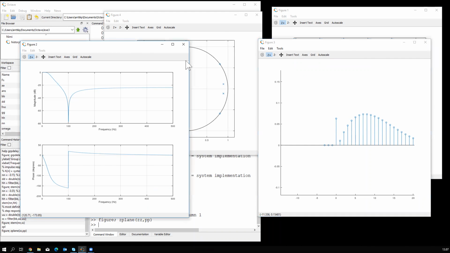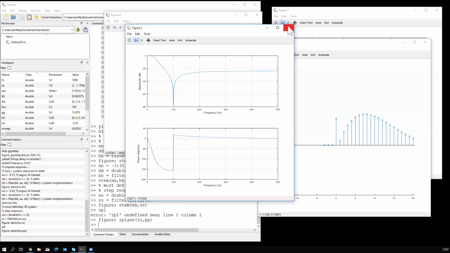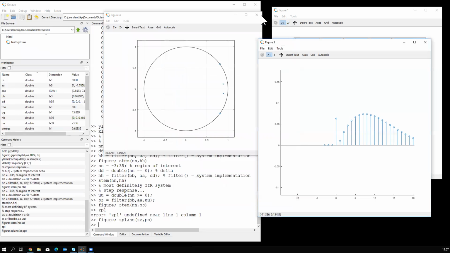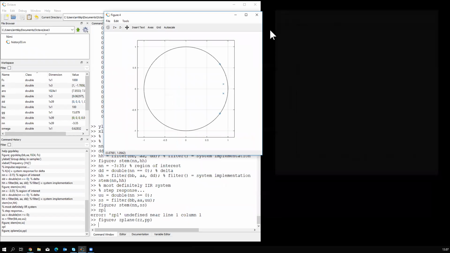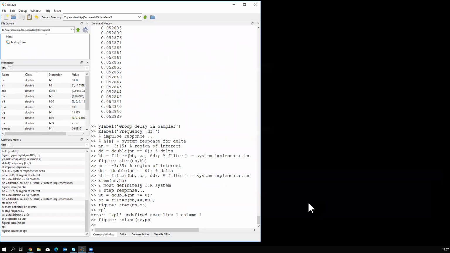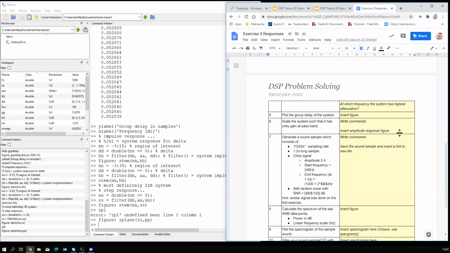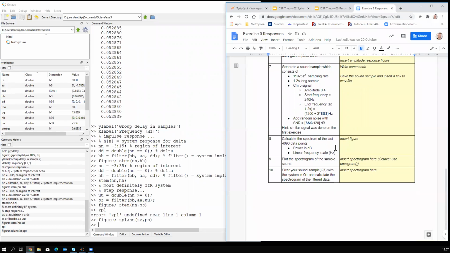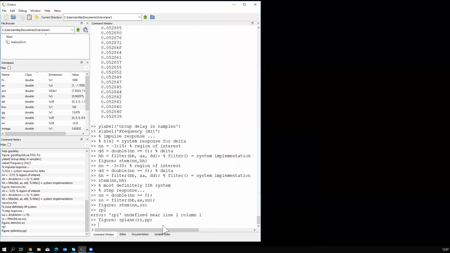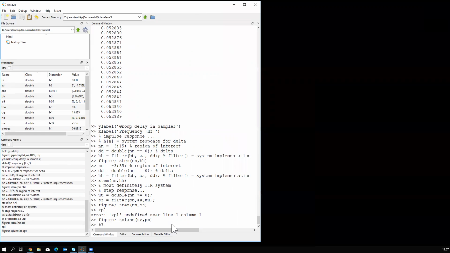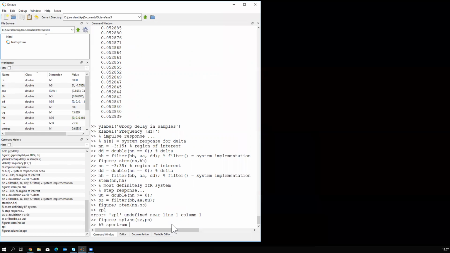Did I close it already? Probably. Okay, let me close these. Since next we will do some spectral stuff, some spectrum analysis.